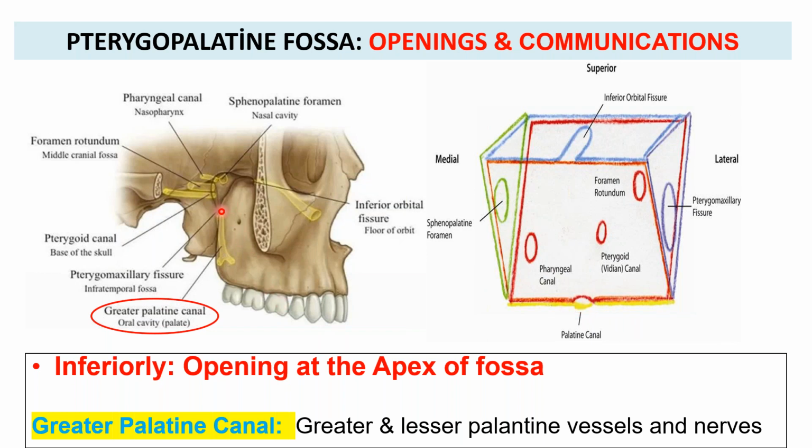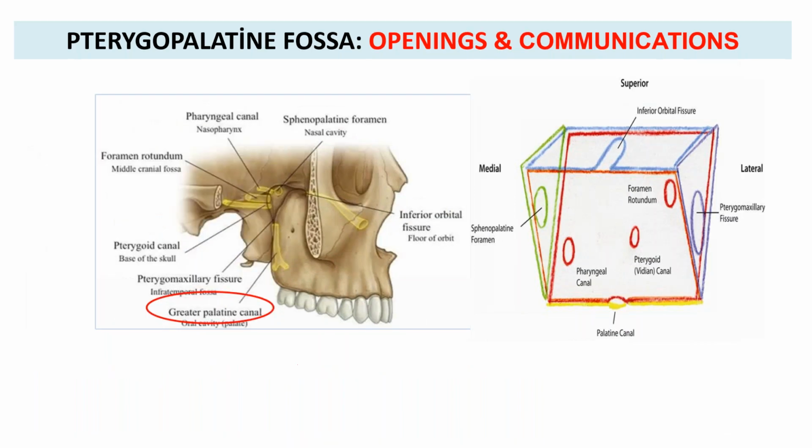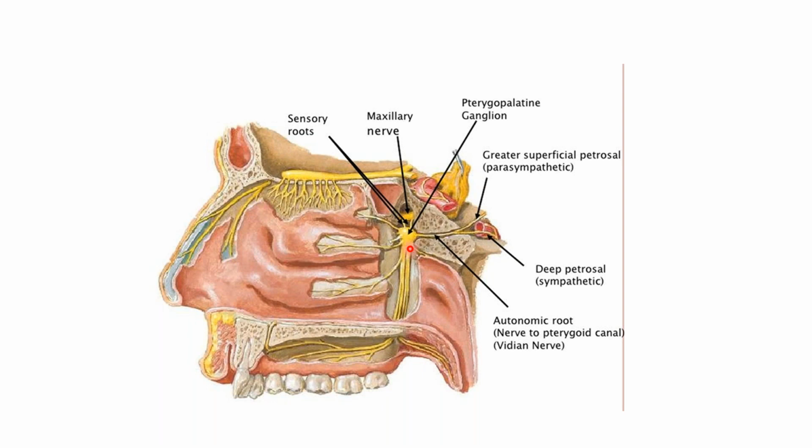Through this, it is going to open into the oral cavity, supplying the hard palate. If we compare in this picture, this is the greater palatine canal through the apex of the pterygopalatine fossa, which divides into anterior and posterior, through which pass the greater palatine nerves and lesser palatine nerves.